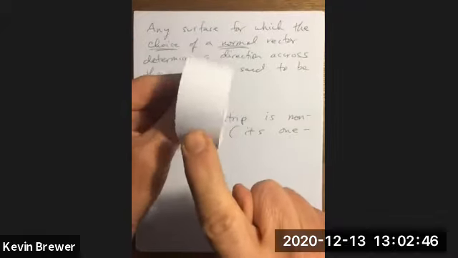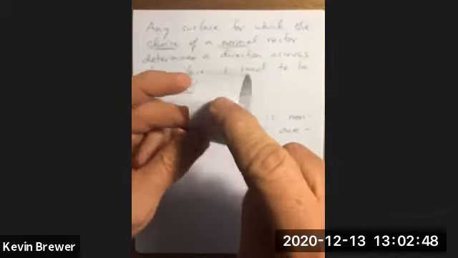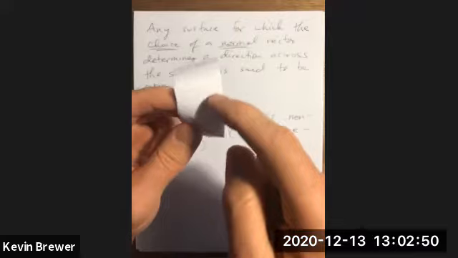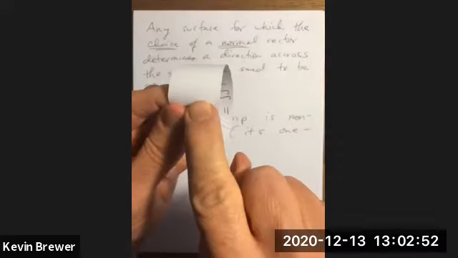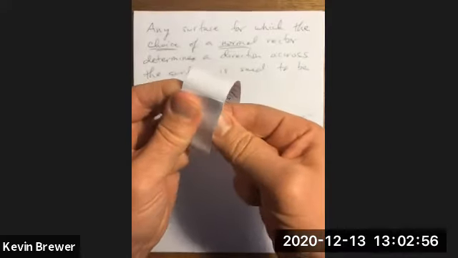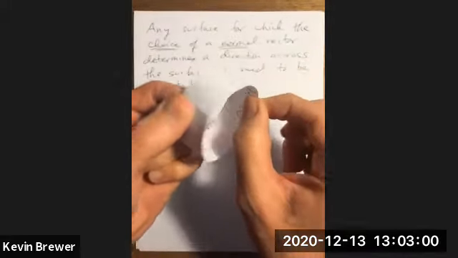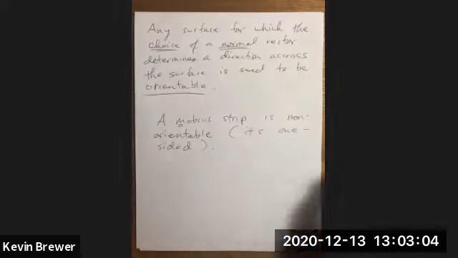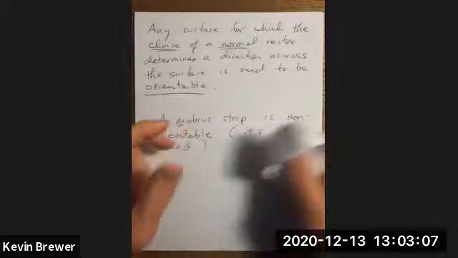If I'm going to paint a band, I could paint the outside. I could keep moving it around, but in order to paint the inside, I have to take the brush off and reapply it to the inside. So there really are two different sides here. And because there's two sides, we can talk about flow this way, flow that way. Here, we cannot talk about that.